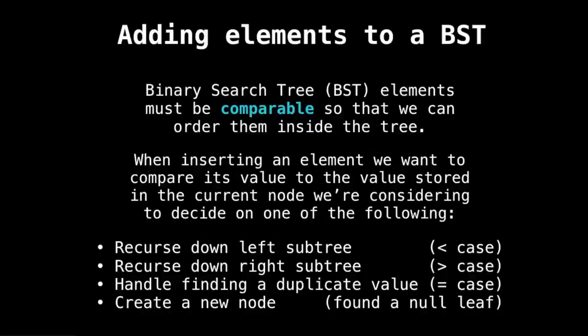And so we need to handle duplicate values if we're deciding to add duplicate values to a tree, or just ignoring that. And lastly, we have the case that we've hit a null node, in which case it's time to create a new node and insert it in our tree.